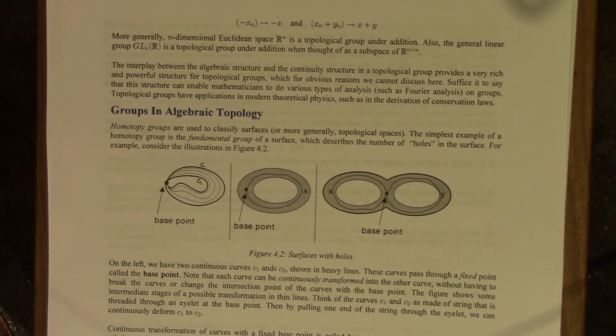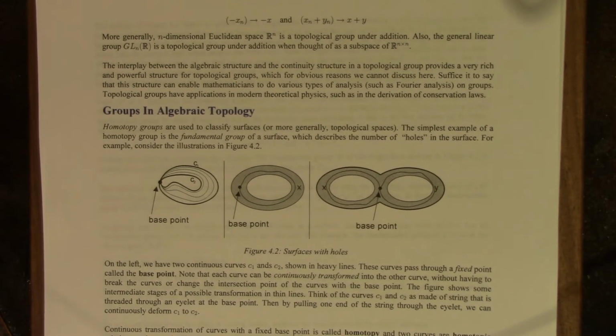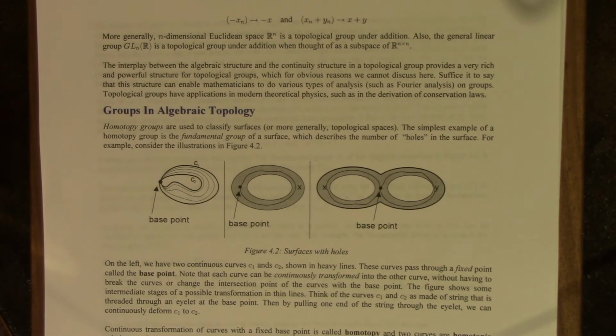That's all we can really say now, because I'm not going to assume you're familiar with topology, and we'll end this example here, except to say that this structure can enable mathematicians to do various types of analysis, such as Fourier analysis, on topological groups. Topological groups have applications in theoretical physics, for example, in the derivation of conservation laws.